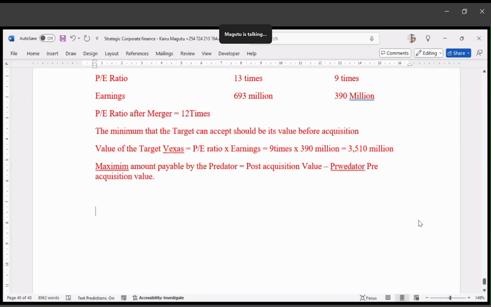Now I want us to determine the post-acquisition value. Post-acquisition value is equal to total earnings multiplied by the post-acquisition price earnings ratio.